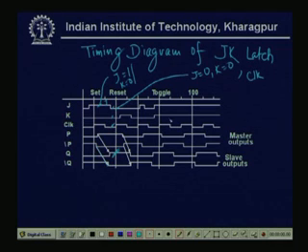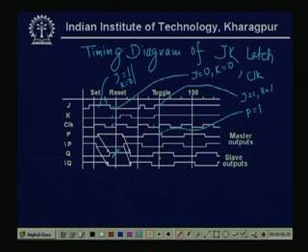Now, what will happen when J equal to 1 and K equal to 1? Just see this condition. See here J equal to 1, K equal to 1. Just before that the clock was 0. Now, when the clock becomes 0 to 1, that means it is edge triggered. Now, the output of the first latch becomes 1, P becomes 1.